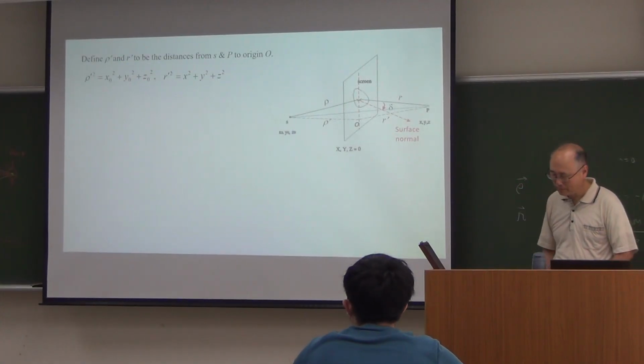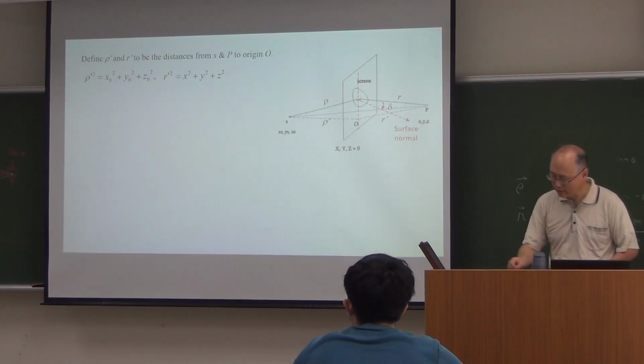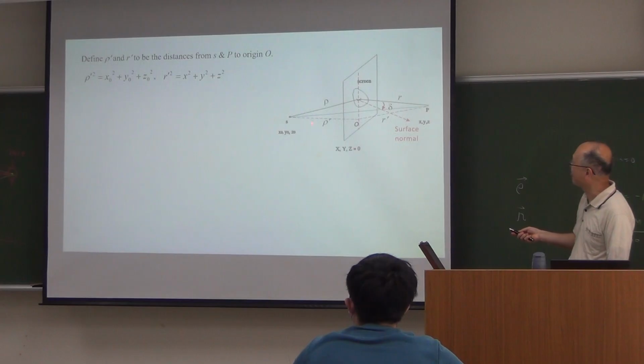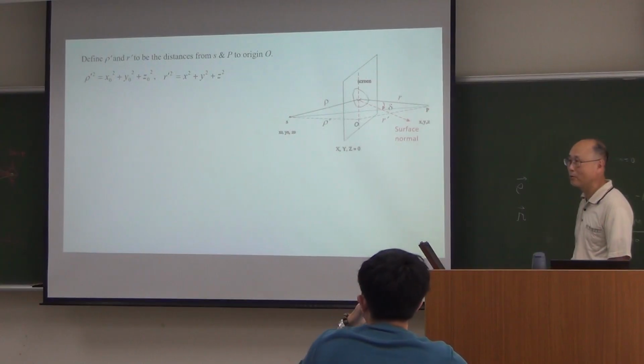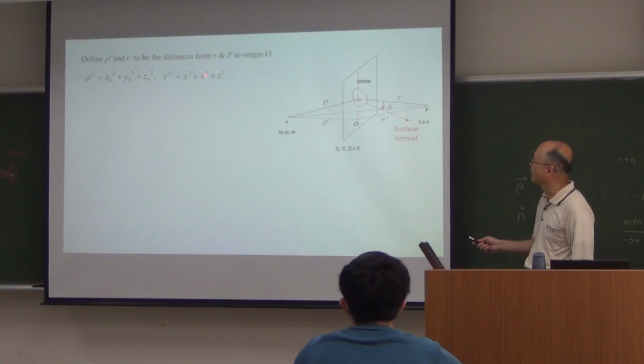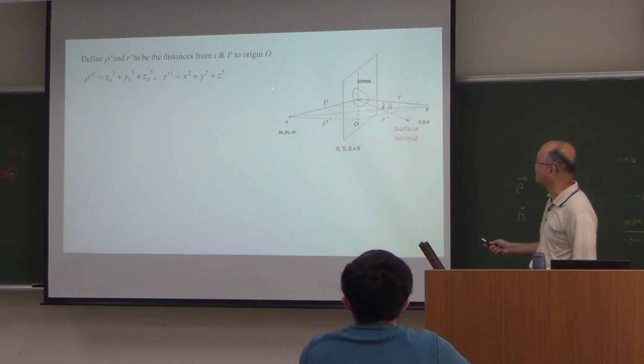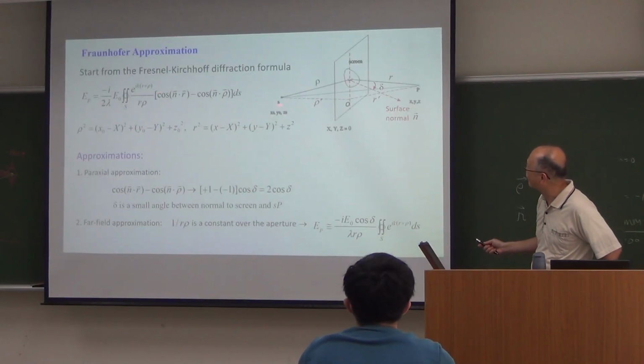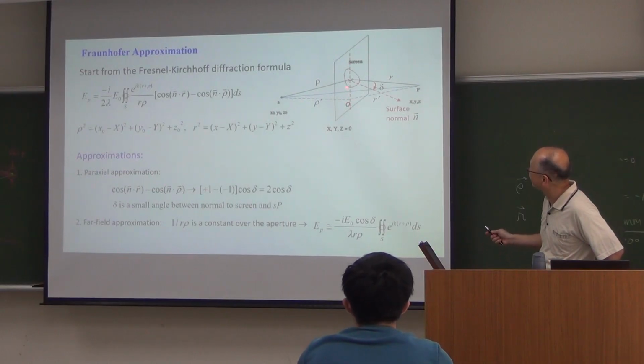Let's further define rho prime and r prime. That is the origin to the source location and origin to the field point. If you know the coordinates, it's easy, because now we move this point to the origin.